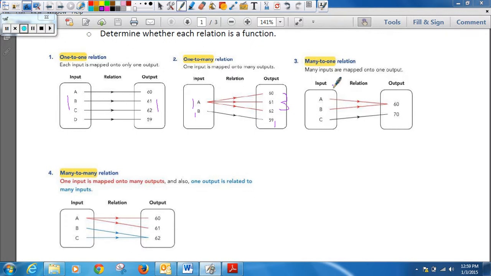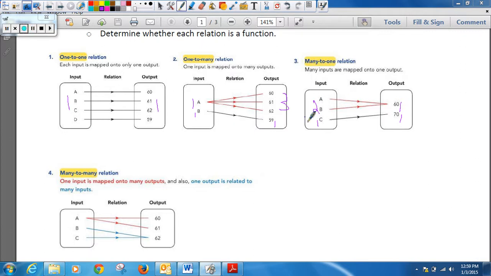The third type is many-to-1. If I look here, A and B, these two both go to this single 1. C then is the only one that goes to 70. So once I have them numbered, I look here, there's more than 1 here. There's a 2, so because of that, it's many-to-1.